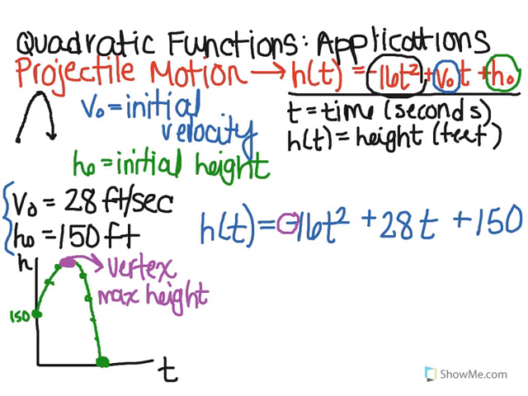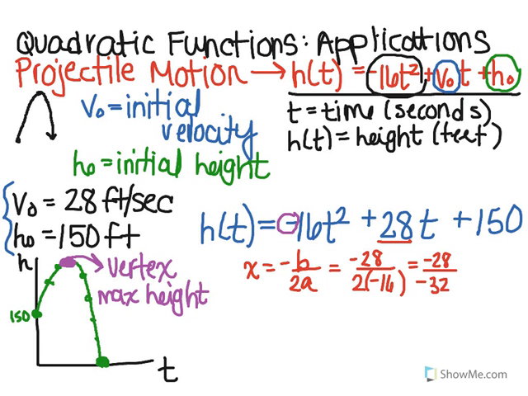Since we have a quadratic function in general form, I'm going to use the formula x is equal to negative b over 2a. In this case, our b value is 28, so we have negative 28 over 2 times a, which is negative 16. So we get negative 28 divided by negative 32.